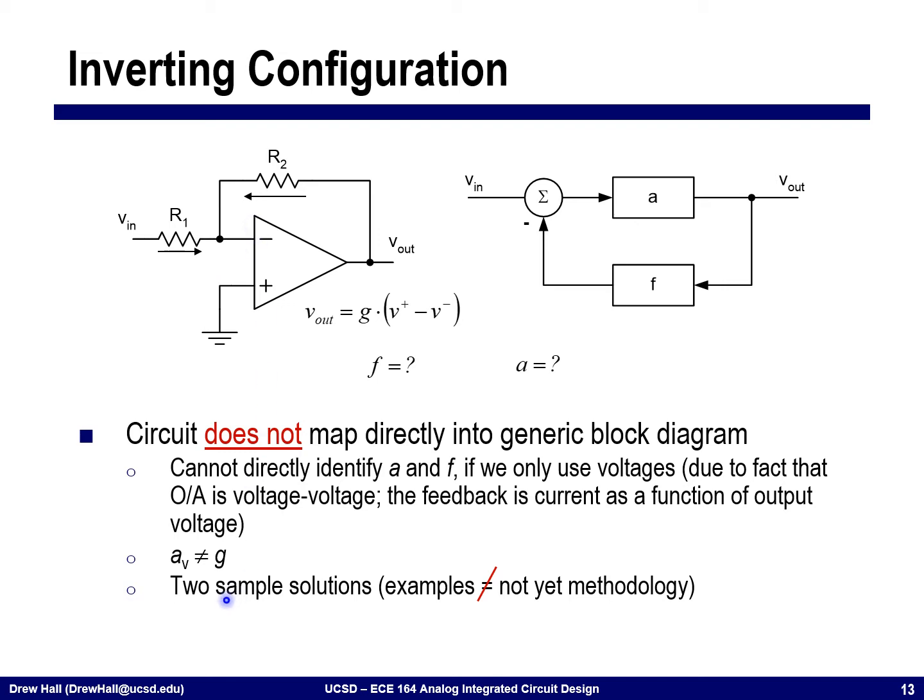More importantly, and I think that drives home this point, the forward path gain A in this particular example is not G, because that wouldn't make the ratios or the units work out. The forward path gain is something else, and I'll let you work out exactly what the units are on G. The point is that while this is conceptually very simple, it's limited in its ability to work for all circuits.